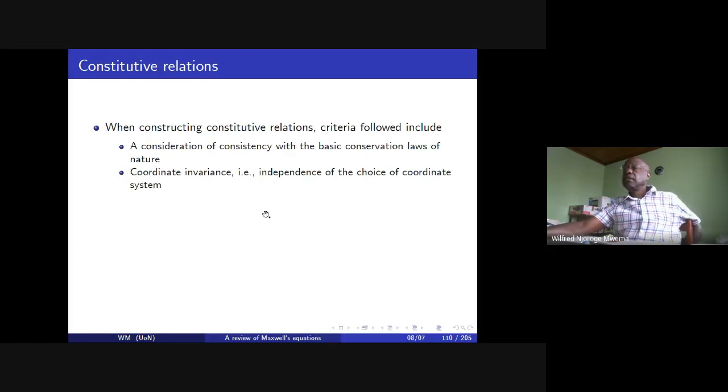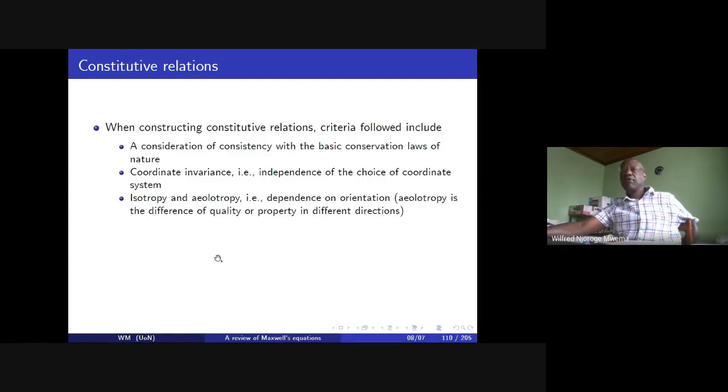Two, the properties should not vary with the choice of the coordinate system. That is, if I chose to solve my problem using the Cartesian coordinate system, I shouldn't get a different answer from one who chose to use the spherical or the cylindrical coordinate system. The solutions should be the same.